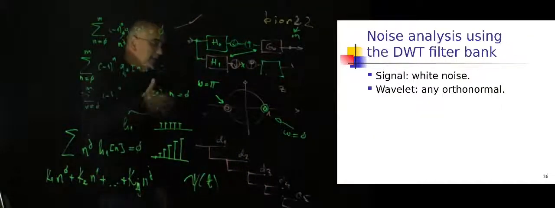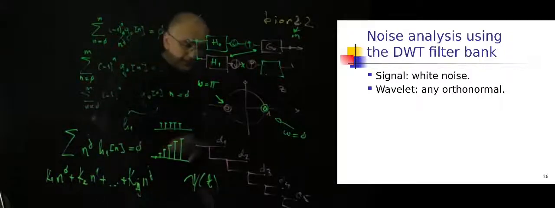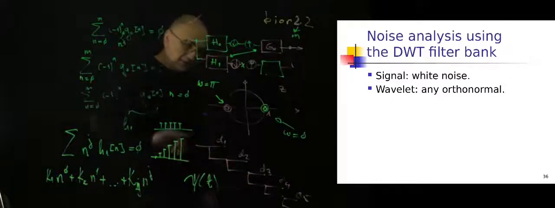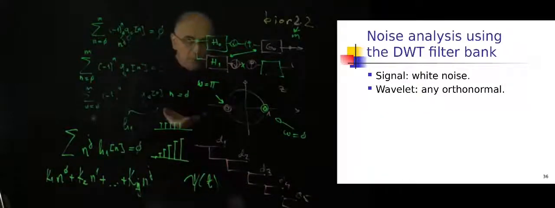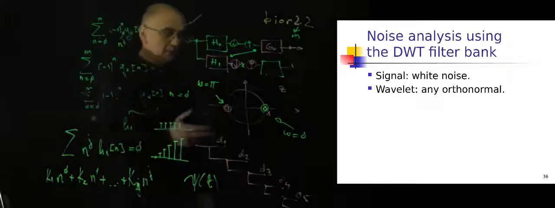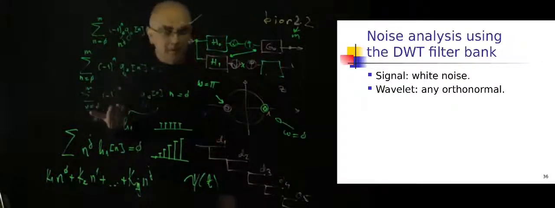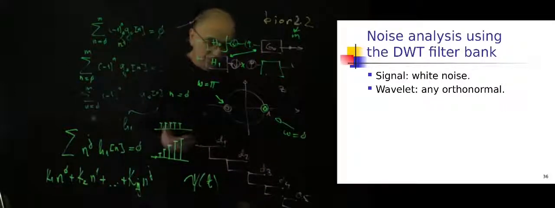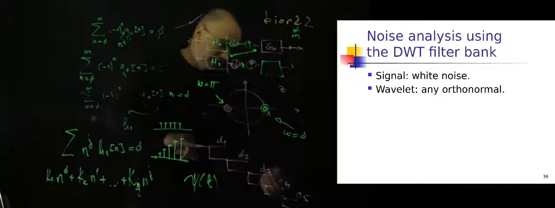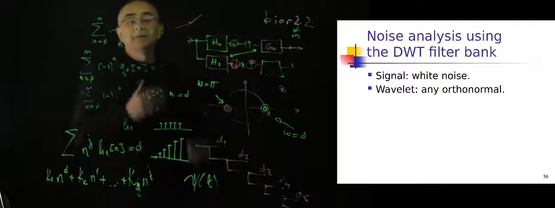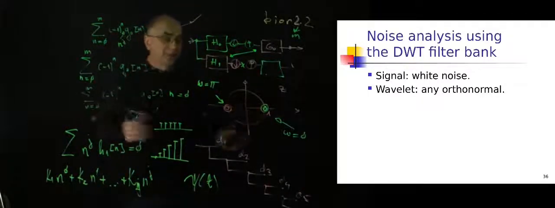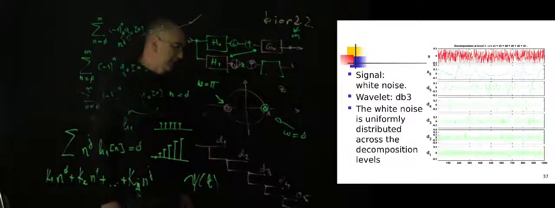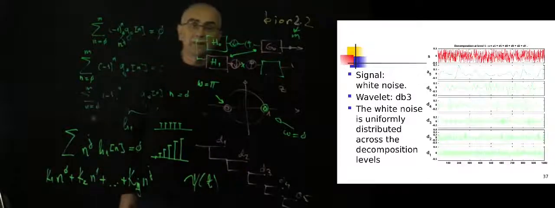If we feed a wavelet tree of some orthonormal wavelets with white noise, what we expect is that white noise will remain noise in the coefficients. If the wavelet was orthonormal, if it preserves energy, in all wavelet levels we are going to have still a noise of approximately the same amplitude.